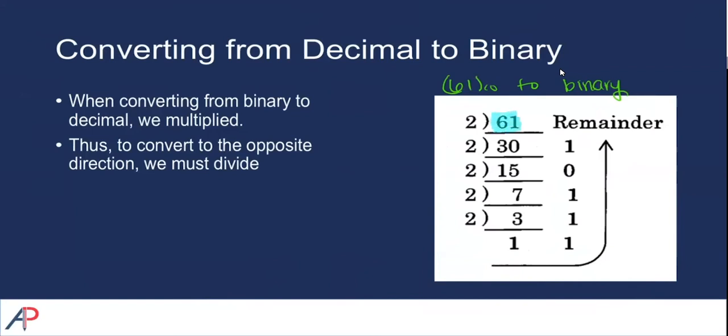Because binary is a base 2 number, we will divide by 2. 61 divided by 2 gives you a quotient of 30 with the remainder of 1. Then you divide your new quotient by 2 again, because 2 is your base. 30 divided by 2 gives you a quotient of 15 with the remainder of 0.